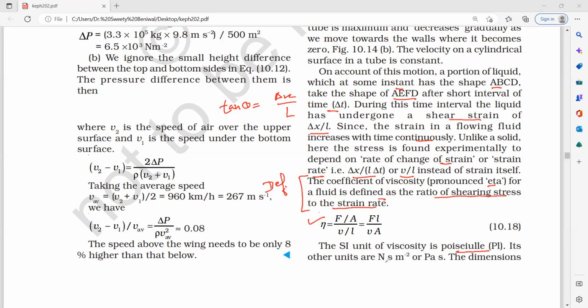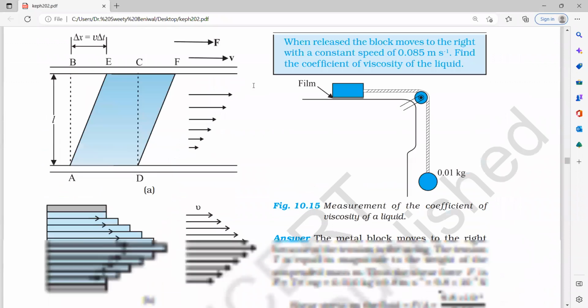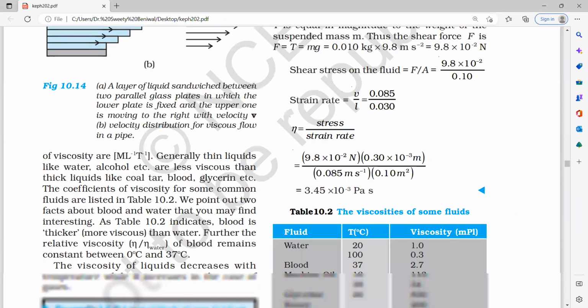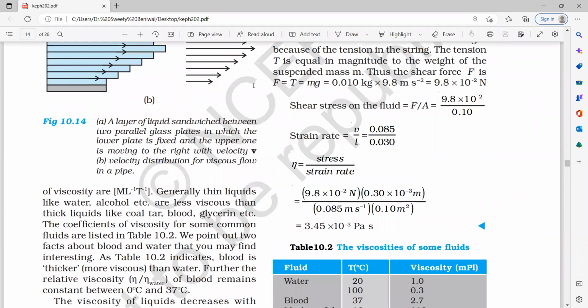Its units are Newton second per meter square, or you can say Pascal second. You can easily find the dimensions, and the dimensions will come out to be M1 L minus 1 T minus 1. Let me explain how they came.